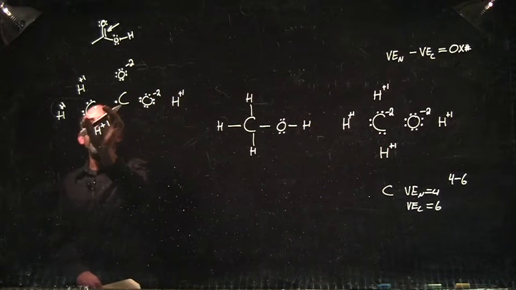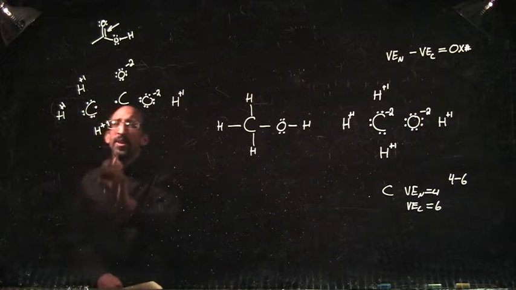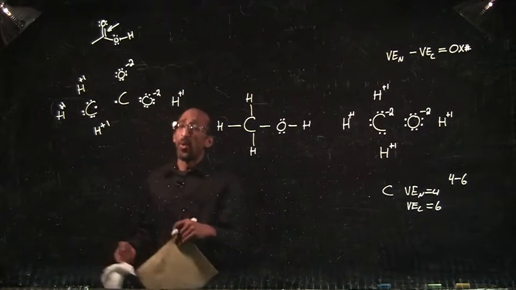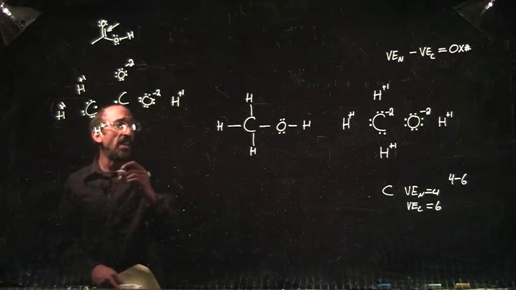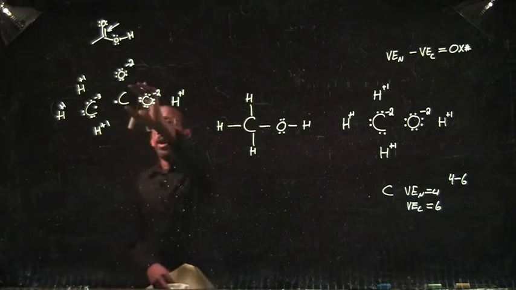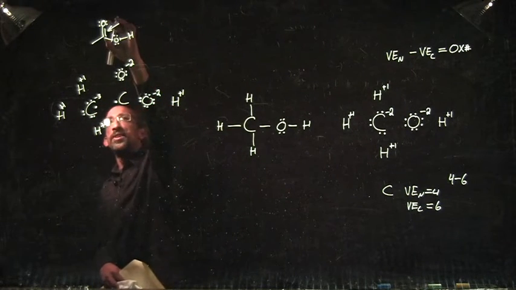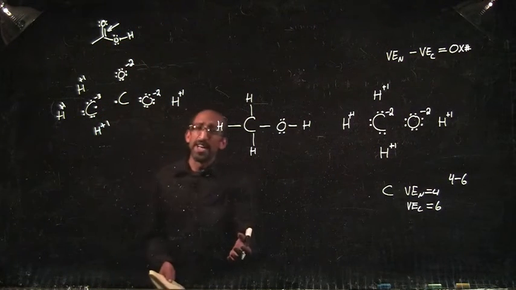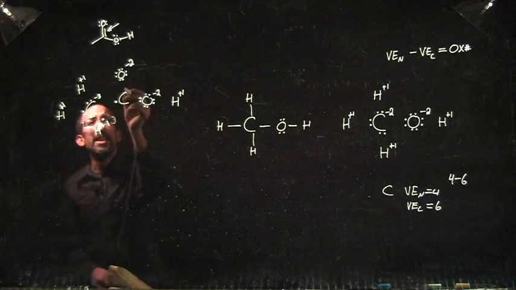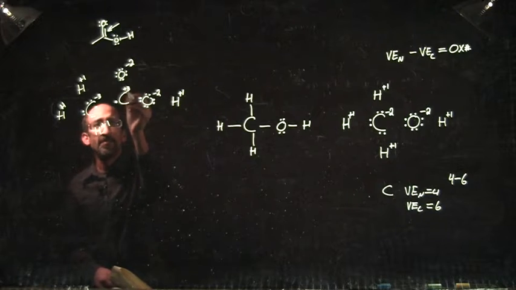However, now this carbon, the carbon of the methyl group, currently has 7 electrons. It normally has 4 electrons. That means its oxidation state is going to be -3. Our carbon atom that was part of our carbonyl group normally has 4. It currently has 1. Its oxidation state is going to be +3.